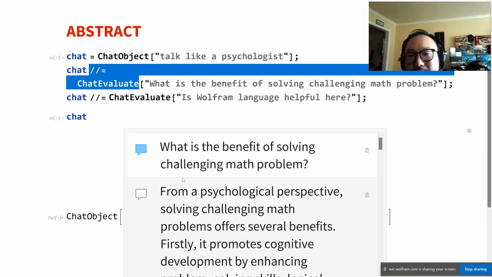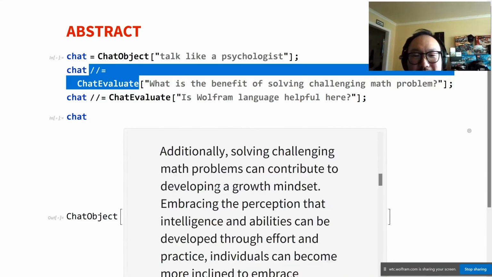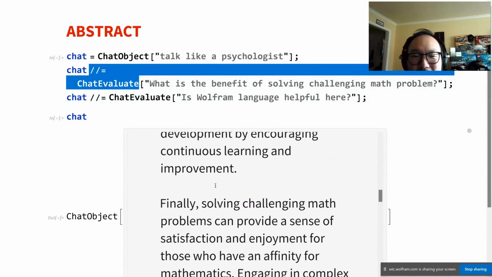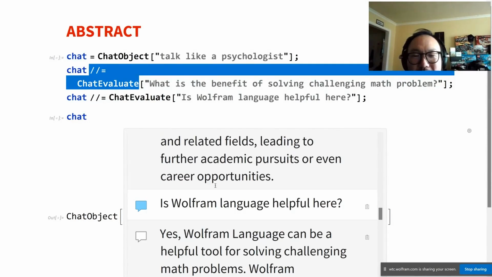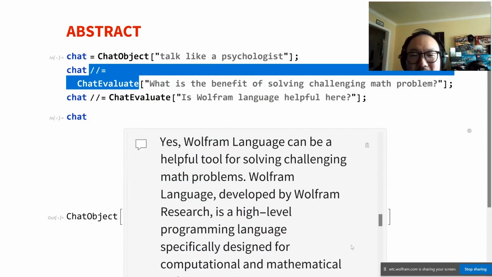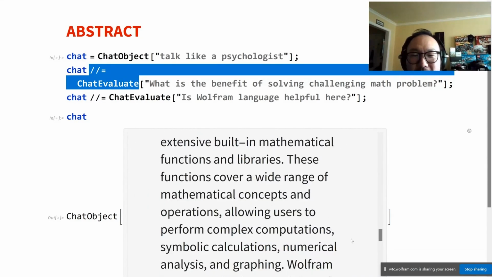So while there is a 300 character limit for the abstract, if you ask GPT, it will give you a lot of information about why it's beneficial to solve challenging math problems and how Wolfram language is very helpful here. So it shows you some of the context that yes, Wolfram language can be a helpful tool for solving challenging math problems. Sometimes it will give you different answers, but in general, it shows the benefit of using this tool.